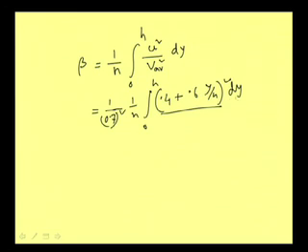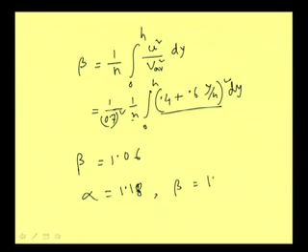So, we can just break it, then do the integration, put the limit from 0 to h, and then again this h and that h will get cancelled, and finally we can get the value of beta as equal to 1.06.